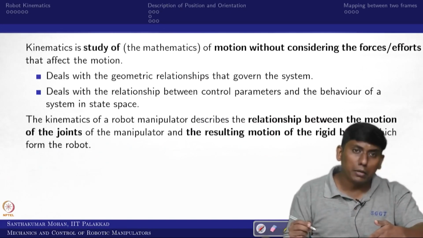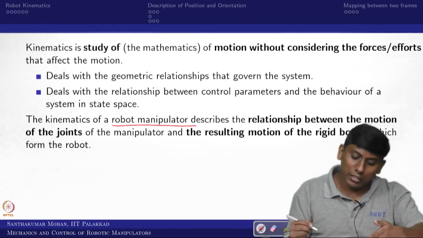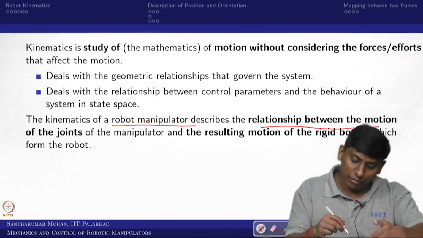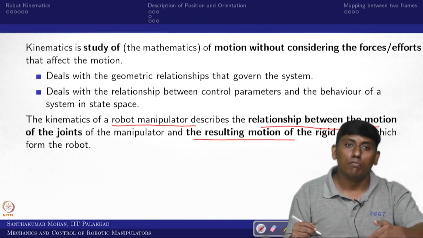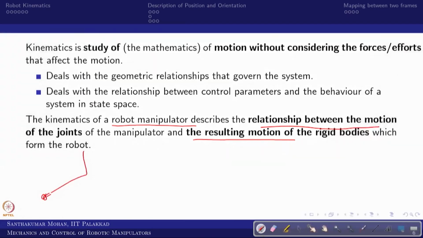If you talk about kinematics, what are we really bothered about? Here, for the robot manipulator, it describes the relationship between the motion of the joints and the resulting motion of the rigid bodies which form the robot. For example, take this set of bodies.